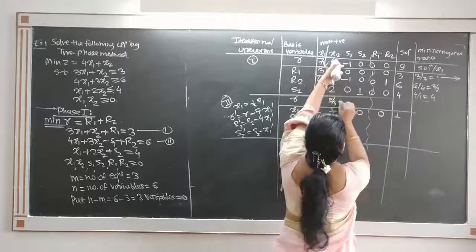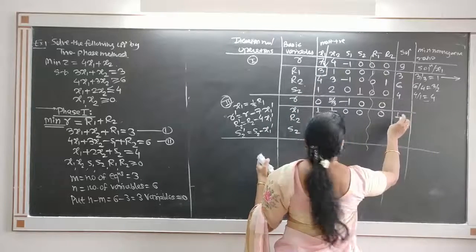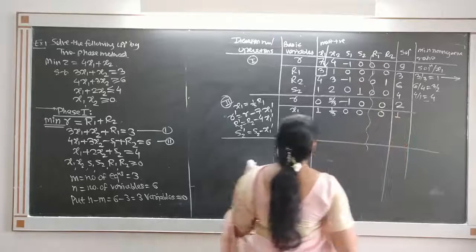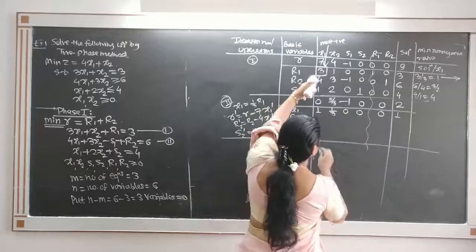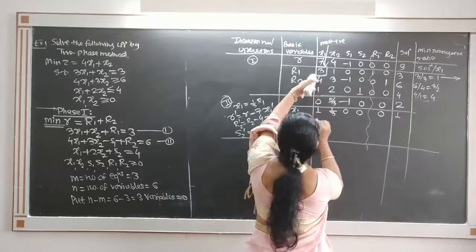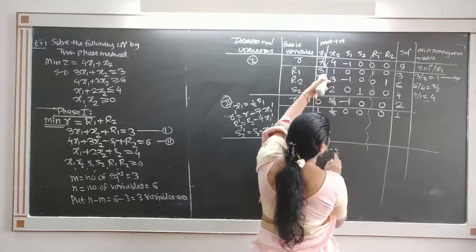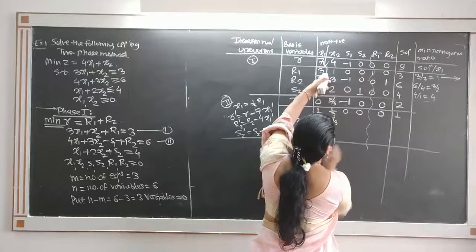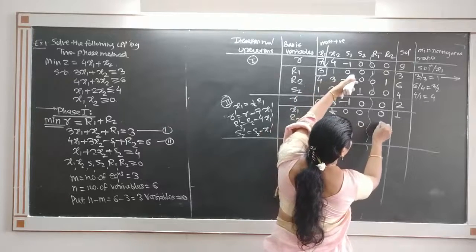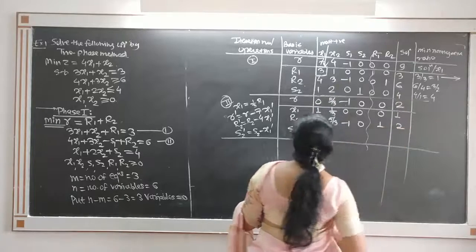Minus 1, minus 7 becomes minus 1. 0, 0, 9 minus 7 becomes 2. r2 row becomes r2 minus 4 times: 4 minus 4 becomes 0. 3 minus 4 by 3, 9 minus 4, 5 by 3. Minus 1, 0, 1, 6 minus 4, 2.